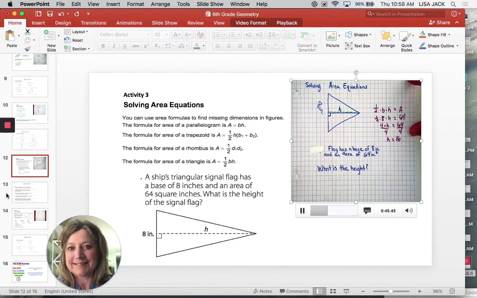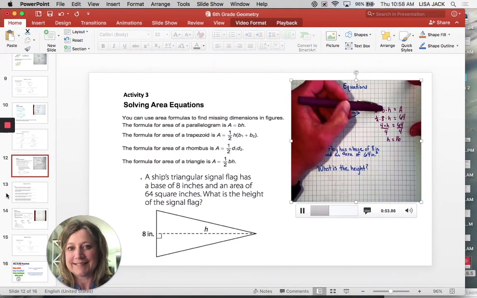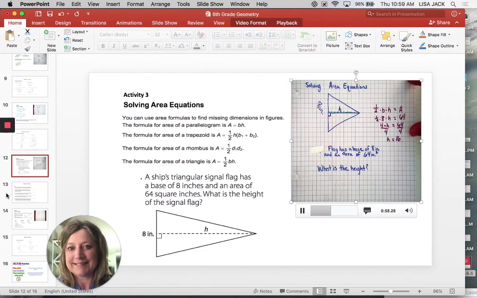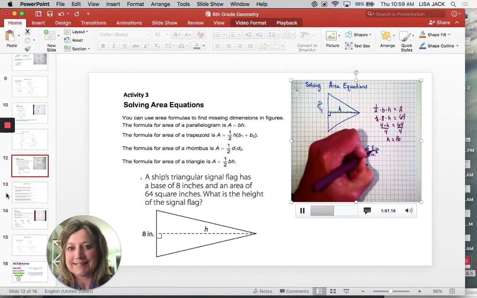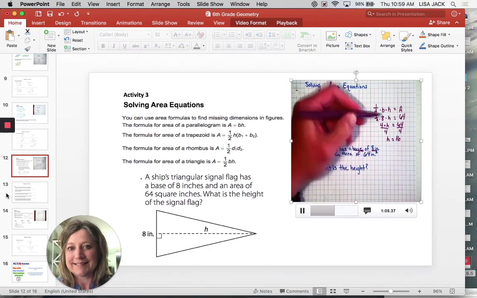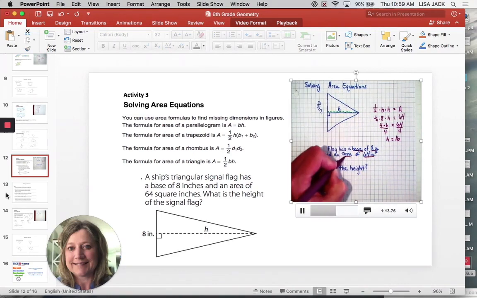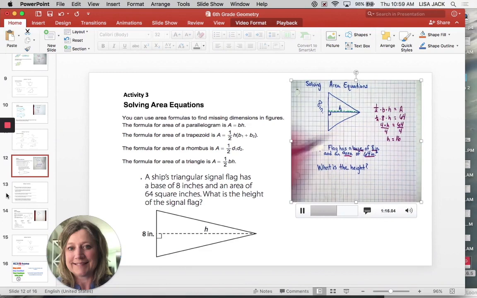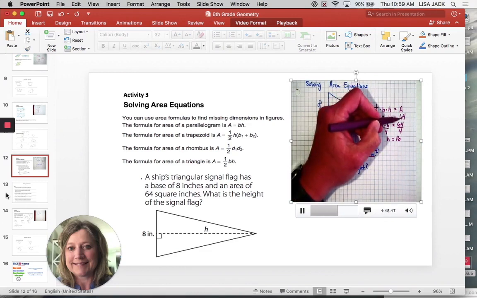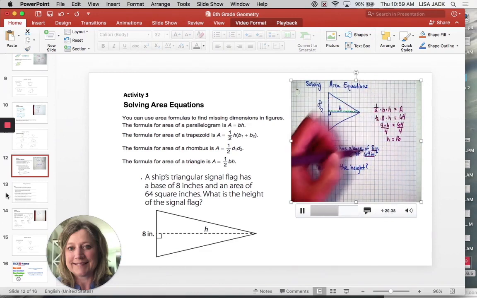Well, the formula for a triangle is half times the base times the height, and it gives us the area. Let's start substituting the information we do know. We know the base is 8 inches, so we put 8 in for the base. We know the total area is 64, so we substitute 64 for the area.